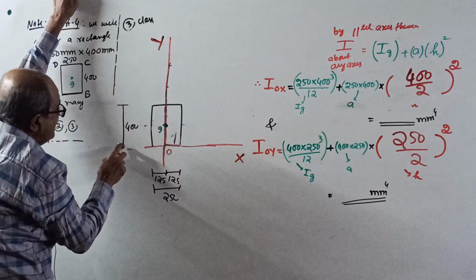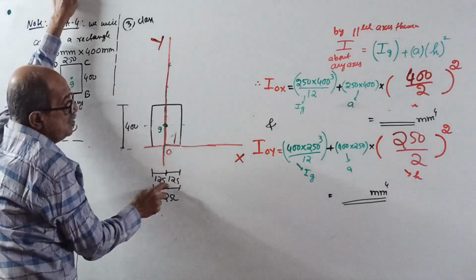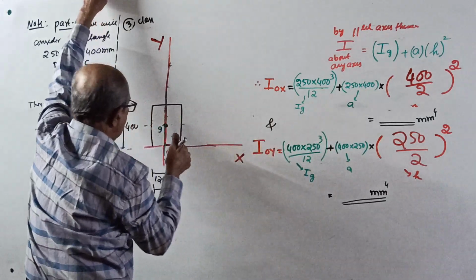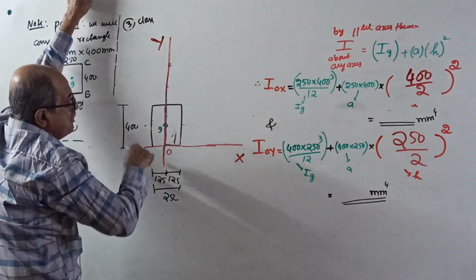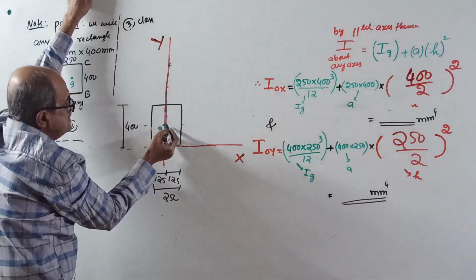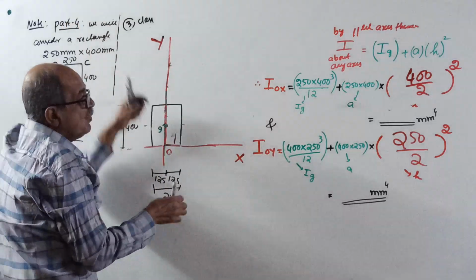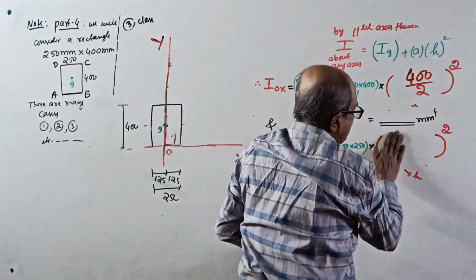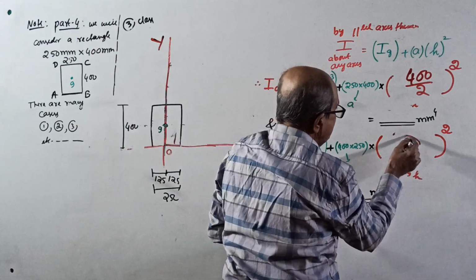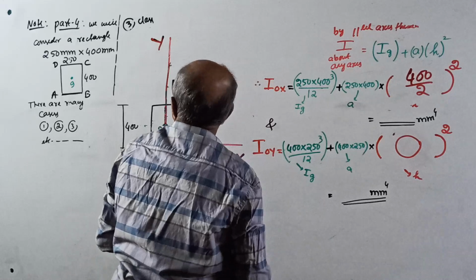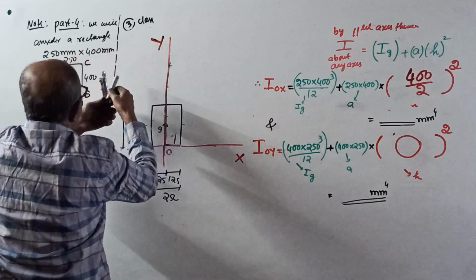I about its own axis is 400 into 250 cube by 12, plus area into the perpendicular distance from centroid G to OY, squared. Centroid G lies on OY, therefore 0 square. This is 3. Now I will come to 4.